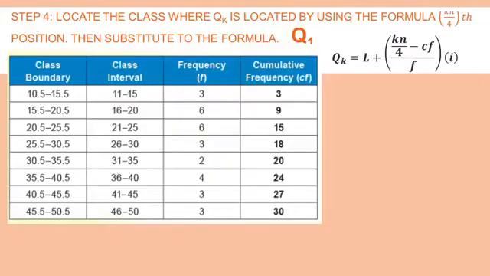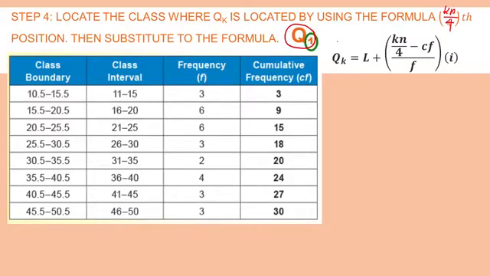Now let's proceed to step number 4. Locate the class where the Q sub K is located. In this case, we will be solving the first quartile first. So we will be locating the first quartile using this formula, kn over 4. Using this formula, what is the value of K here? The value of 1.